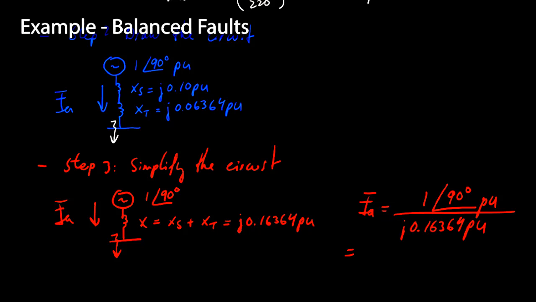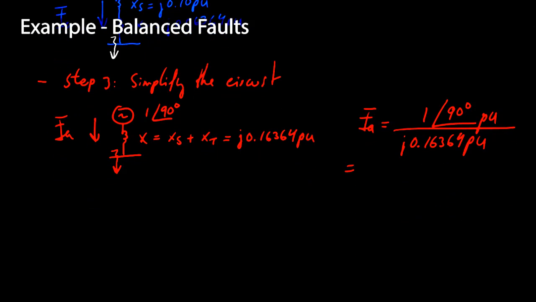And so if we calculate this, we get that IA is going to be equal to 6.11098 per unit. Now the angle here is 0 because we're dividing 90 degrees on the numerator and 90 degrees, essentially j, on the denominator. So they cancel each other out. So this is simply 6.11098 per unit.